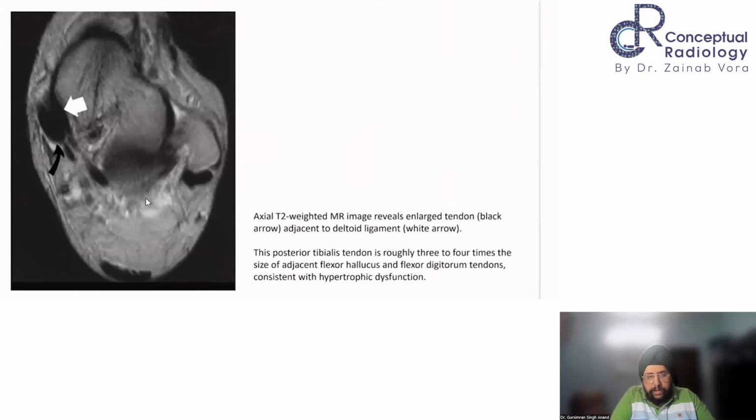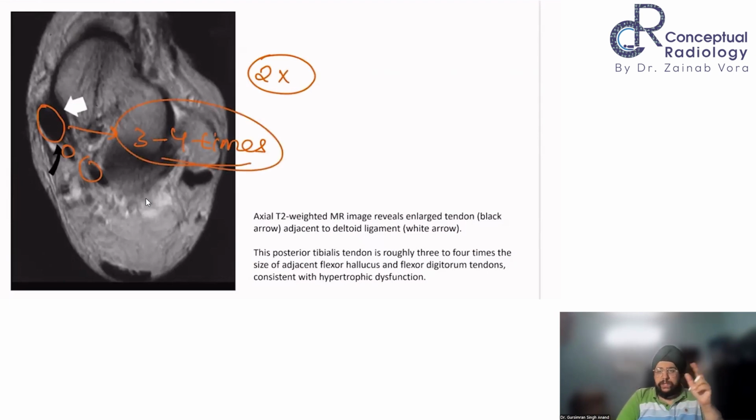So you see an enlarged tendon. I told you it should be 2 times, but in this case you see it's almost 3 to 4 times. That is why I told you normally it should be 2 times the size of the FDL in aperture. But if it is more than 2 times, you will say that it has enlarged. You'll have some internal heterogeneous signal intensity, not shown here, but if there is, then it's a hypertrophic tendinopathy.